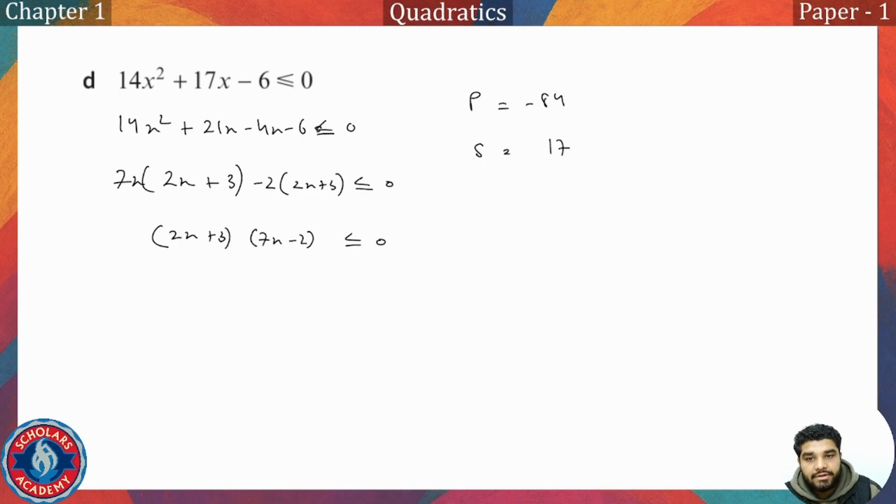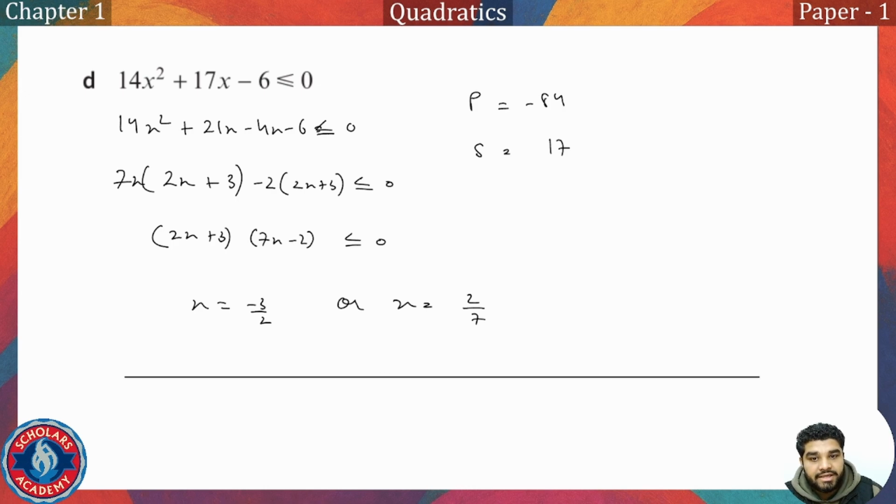So calculating zeros, x is equal to -3/2 or x is equal to 2/7, right? So the real line breaks into three parts, at -3/2 and 2/7. So these are the three intervals.